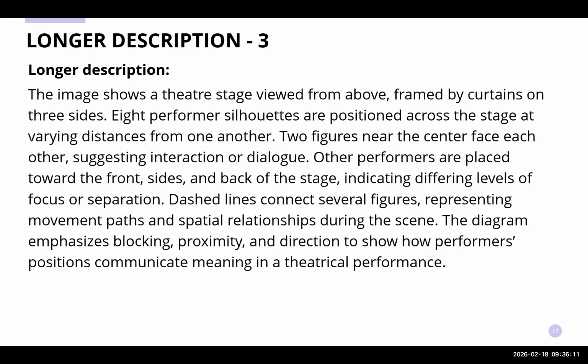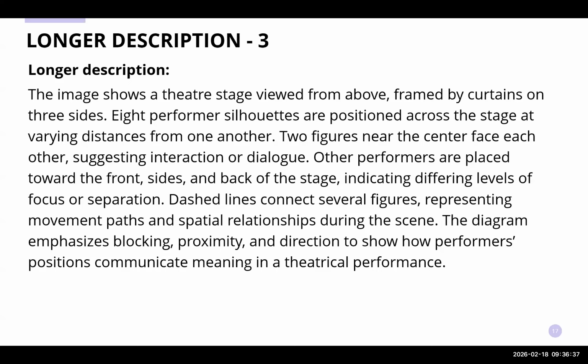We point out the two figures in the center who are facing each other, because that suggests the primary interaction or a moment of dialogue. By mentioning the other figures placed towards the front and back, we are explaining the depth of the stage and how you're using focus and separation to tell a story.